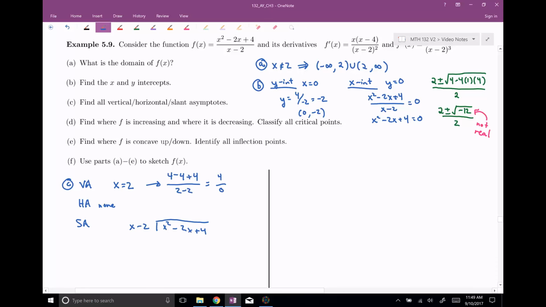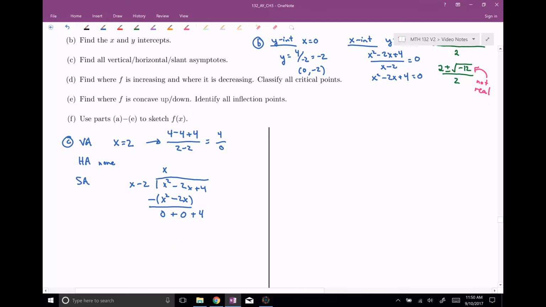So what do I multiply by x in order to get x squared? Well, that's going to be x. So x times x will be x squared. x times negative 2 will be negative 2x. We go ahead and we subtract that away, and let's see, we have 0, and then negative 2x minus negative 2x, so that's going to be negative 2x plus 2x, so that's also going to be 0, and then we bring down the 4, and we can ask ourselves, what do I multiply by x in order to get 4, and that's not going to be a polynomial, and so that's where we stop.